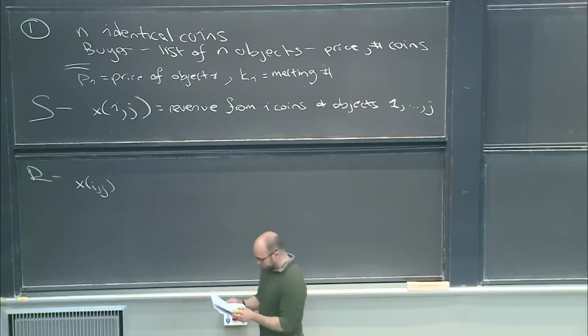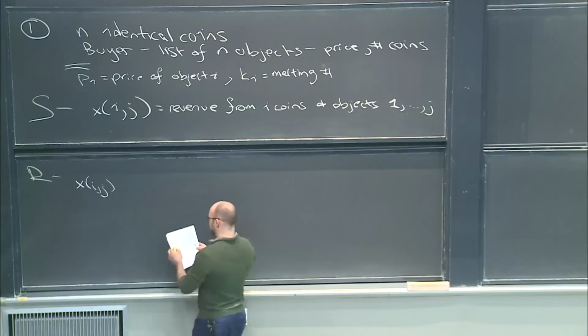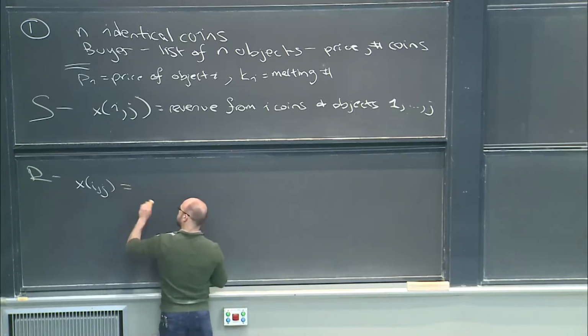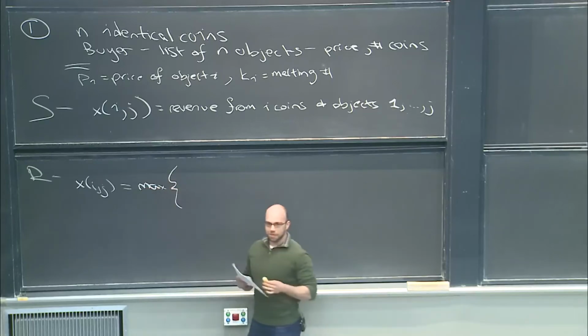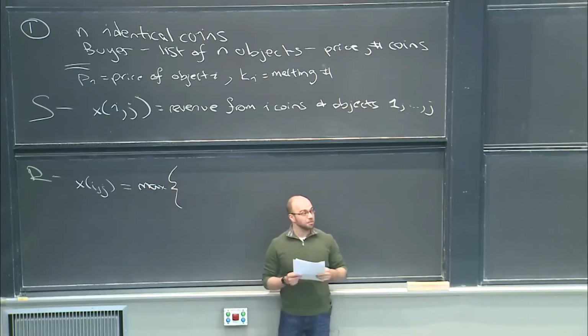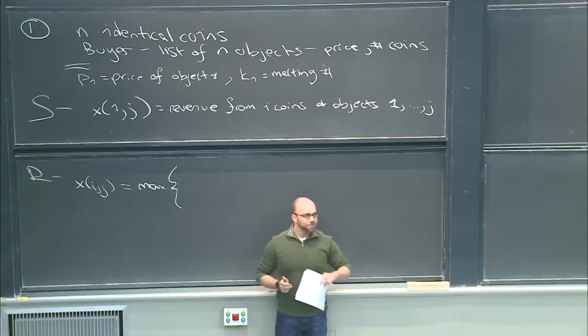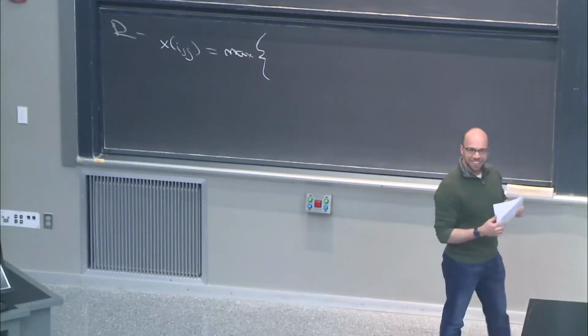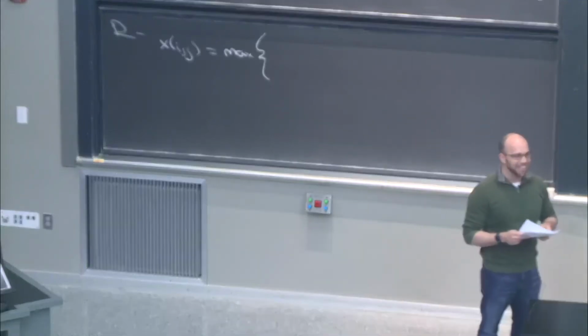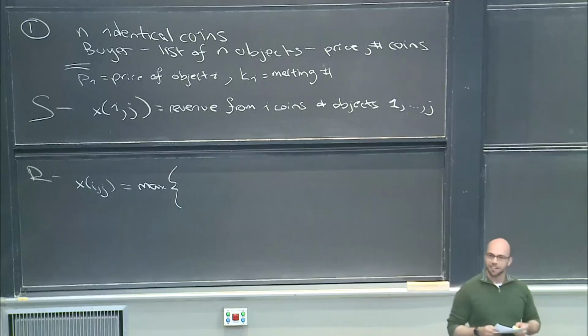So we have two potential options, but we have to be a bit careful. Is there a case where I can't make object j? Yes, class, there is, which is the case where I don't have enough coins left in the bank. So if I want to make that really expensive fountain, but I only have one coin, then I'm out of luck.